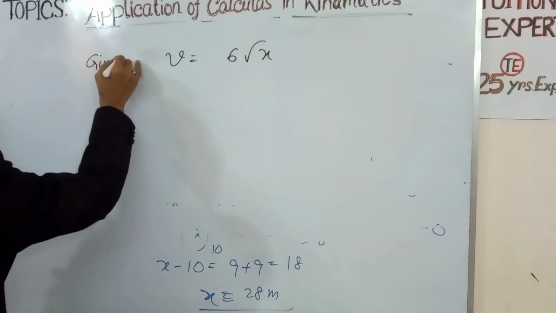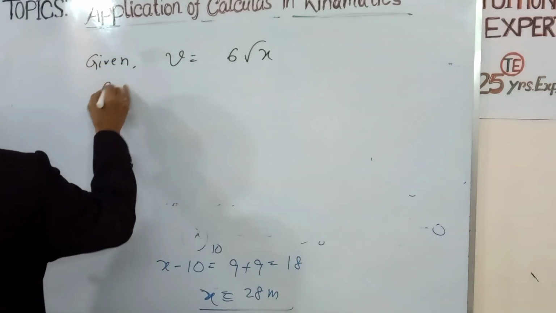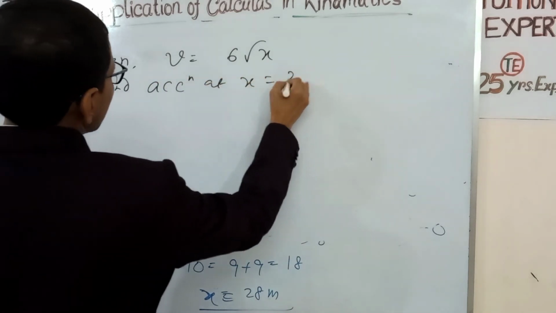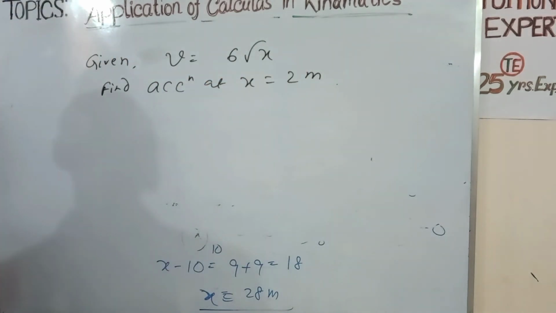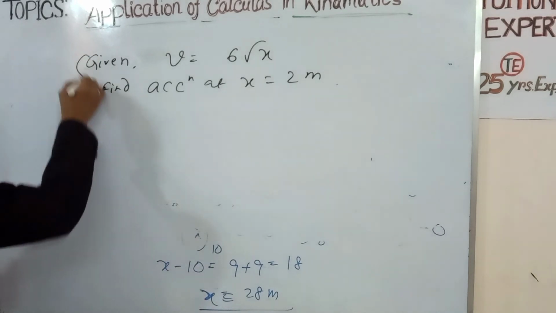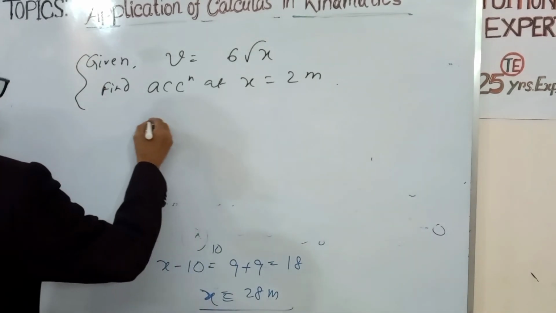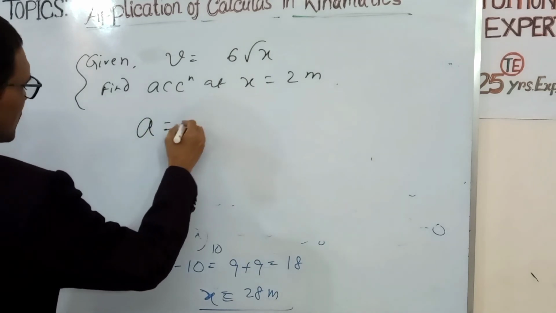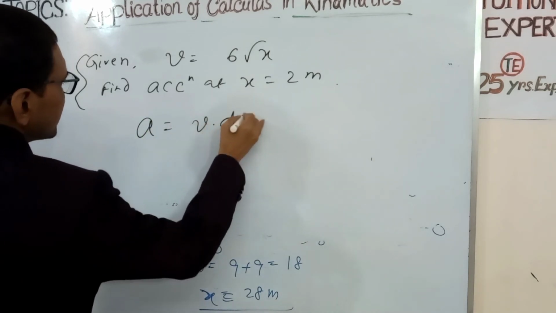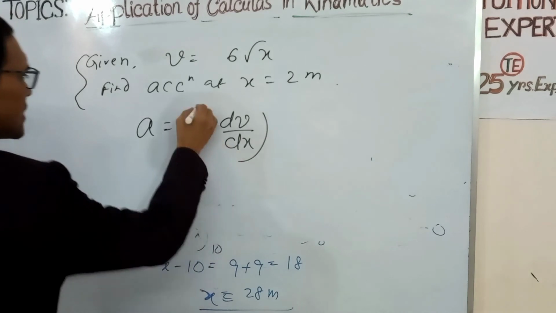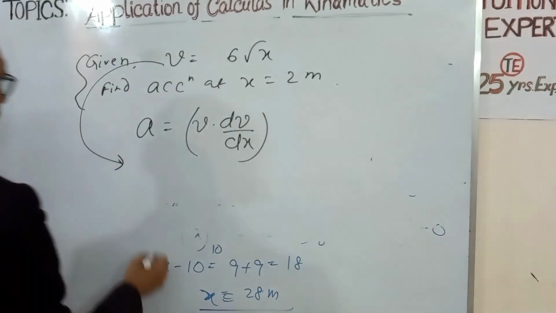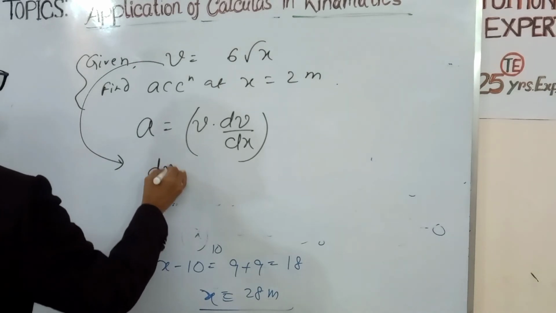Another example is, suppose velocity equal to this is given, find acceleration at x equal to 2 meter. So for this question we have to use acceleration equal to v dv by dx in this formula, because we can easily find dv by dx from here.